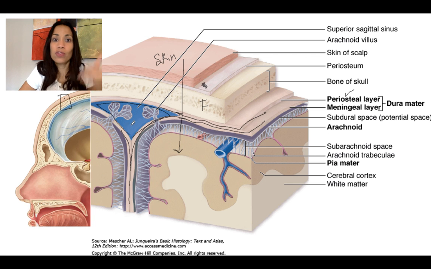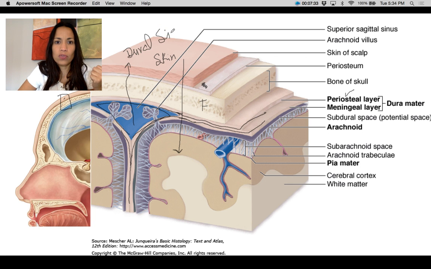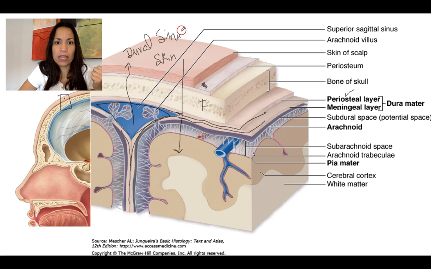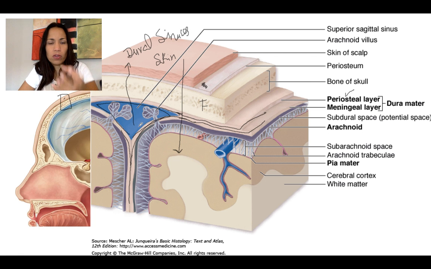That is where those dural sinuses are located, the ones that I described on the first slide in this video. Okay, dural sinuses, which remember are just veins collecting blood from here.